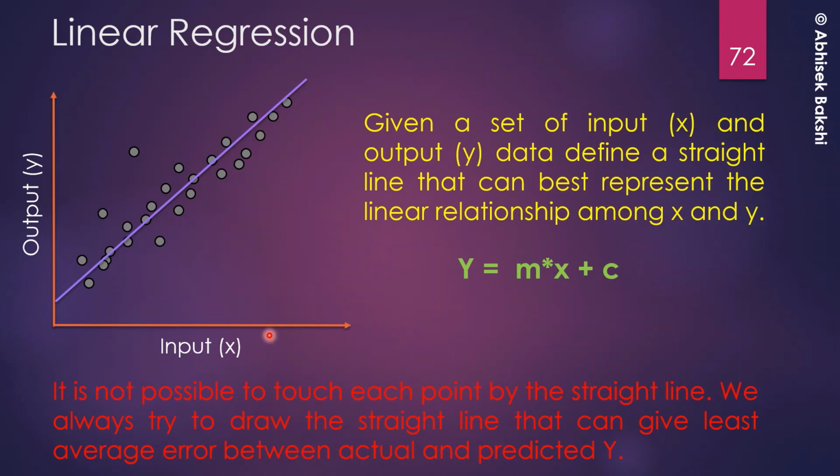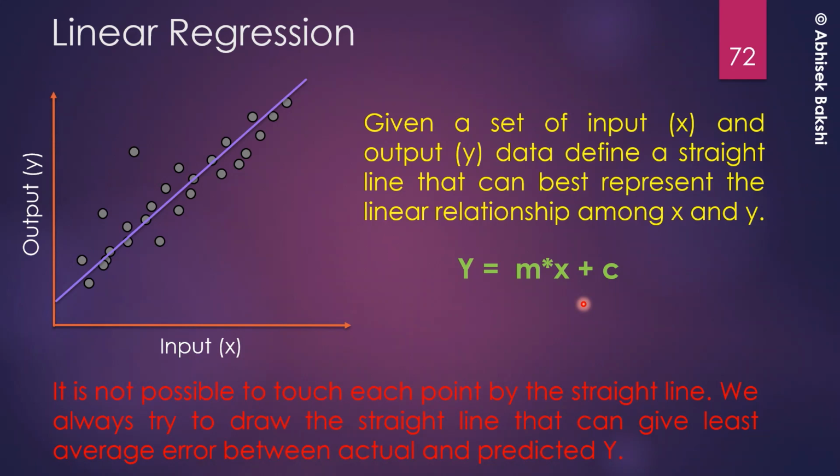Any direction is possible, but not all the straight lines represent the relationship between x and y in the best way. Only one of them will. So that is what you have to find out: which exact straight line represents the linear relationship of x and y in the best way. And when we are talking about a straight line, this m and c will come into the scenario, because these are the two things by which any straight line is adjusted, right?